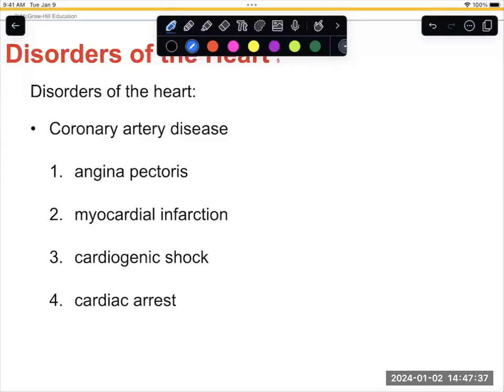Coronary arteries are the arteries on the outside of the heart that give the heart muscle the oxygen it needs to pump. Narrowing of those blood vessels reduces blood flow to that heart muscle specifically. Angina pectoris is chest pain on exertion. It's usually the first symptom of reduced oxygen supply and blood flow to the heart muscle, the myocardium.